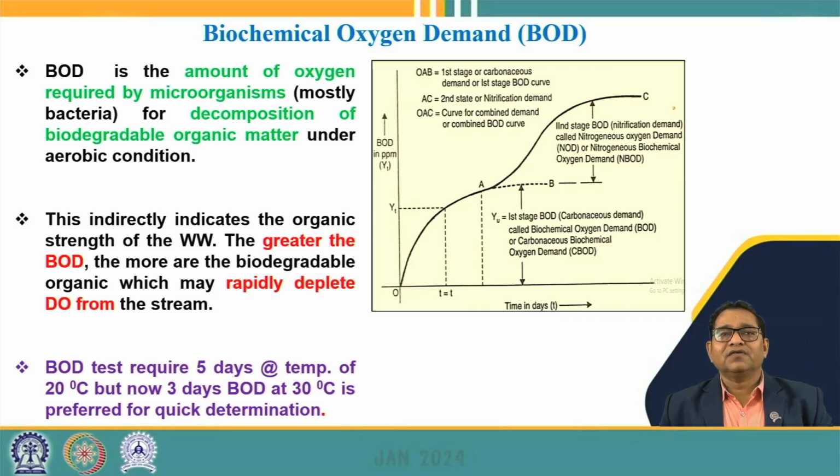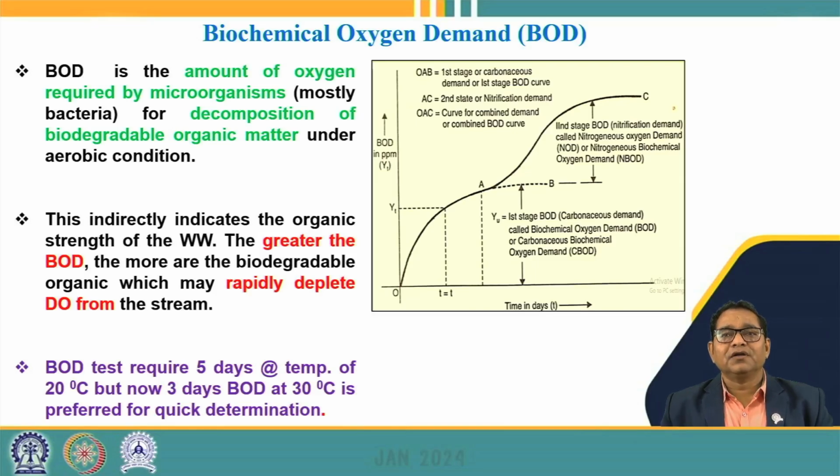So biological oxygen demand is one of the very common parameters in industrial wastewater, which defines the amount of oxygen required by microorganisms for decomposition of biodegradable organic matter present in the wastewater under aerobic conditions. So this basically measures the oxygen required for oxidation of organic matter, and indirectly gives us the organic strength present in the wastewater.